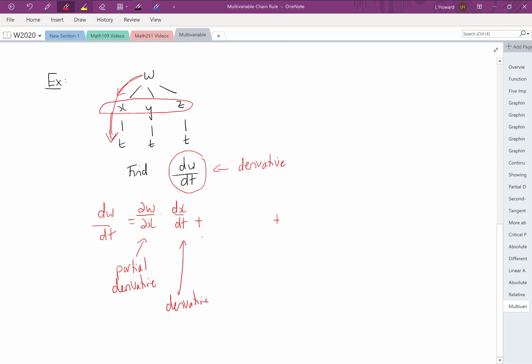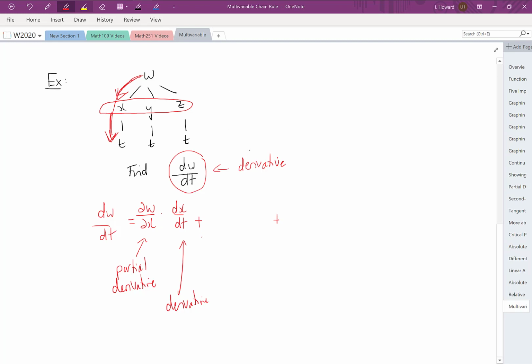So when you are looking at each part of the path, you're looking at, as we travel from this level to that level, how many variables appear in this next level. If it's more than 1, then you use a partial derivative. If it's just 1, then you use a regular derivative from single variable calculus.